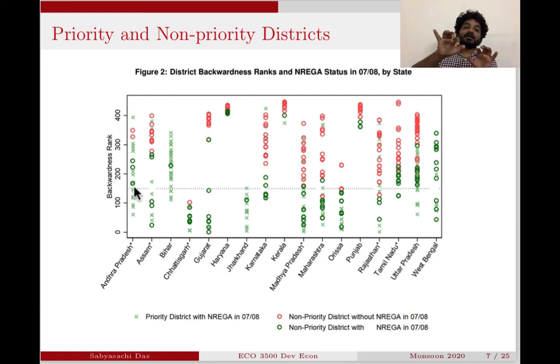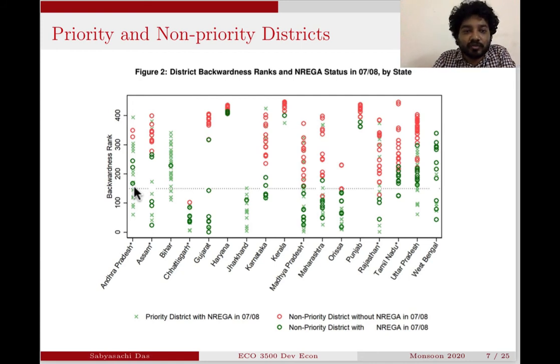Which means that what they're claiming is indeed true: if you use the backwardness ranking for the non-priority districts, the lower ranked districts for each state separately are the ones that are still getting selected in phase 2. The red ones, which are systematically above the green circle ones, are not getting selected in phase 2, they are getting selected in phase 3.